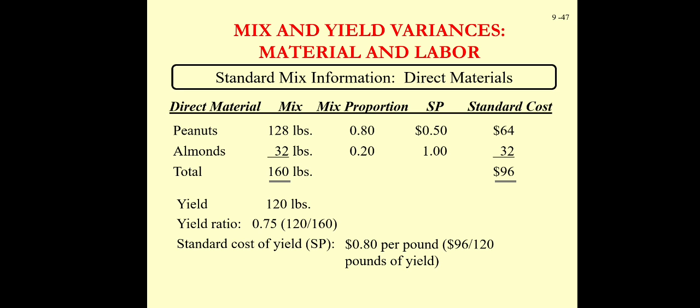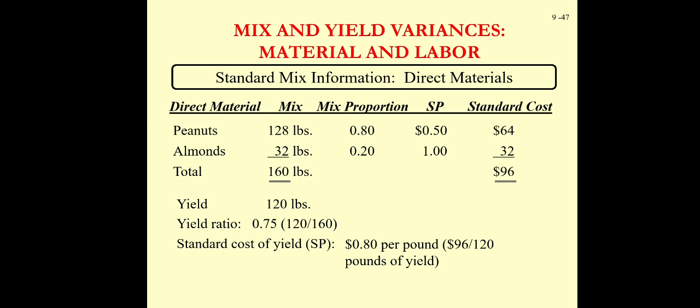The yield is 120 LBS, and the yield ratio is 75%. Standard cost of yield is 80 cents per pound.